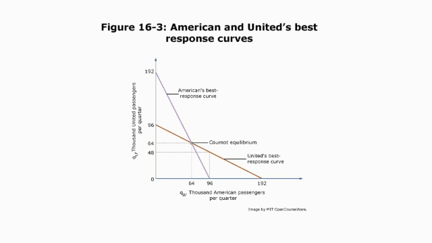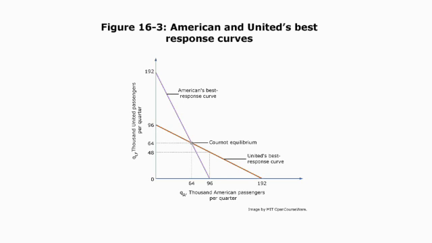On the y-axis, how many thousands of flights United passengers are flying per quarter. If American decides to fly 0 flights, then United should fly 96.